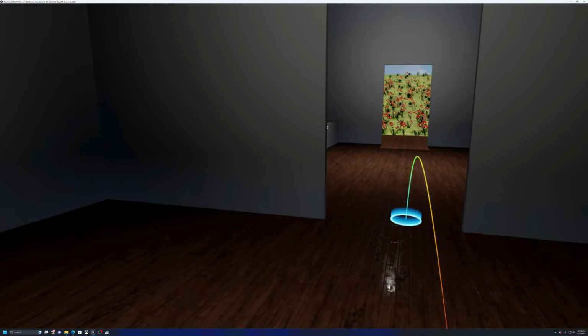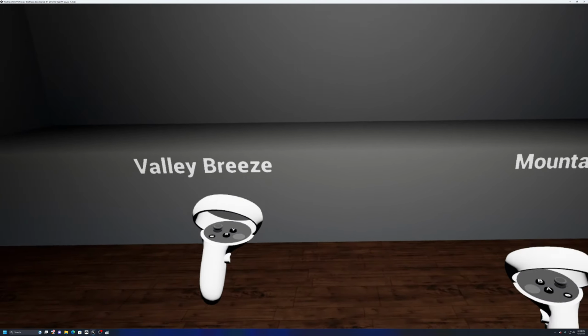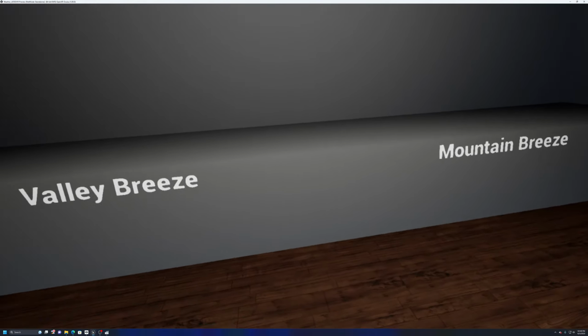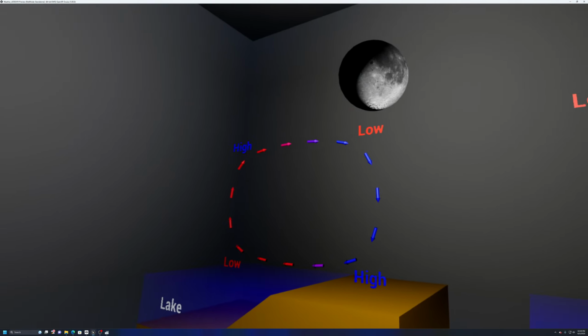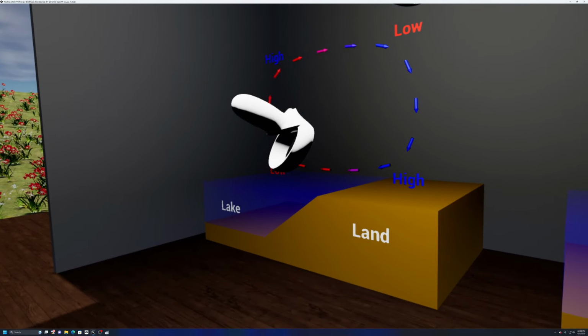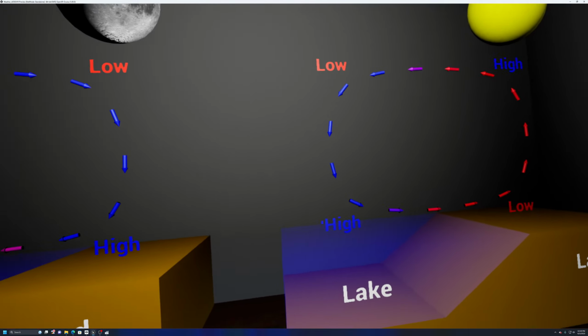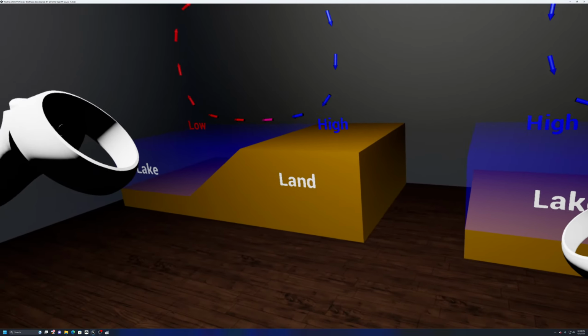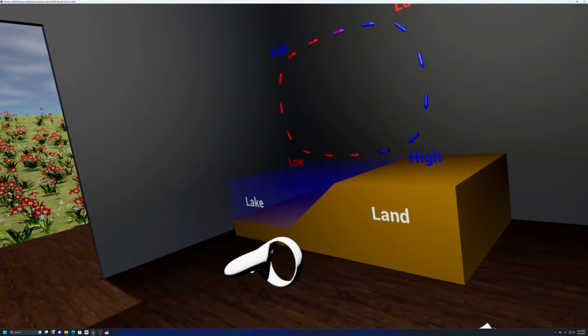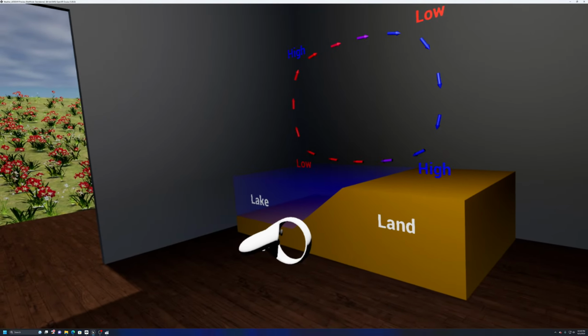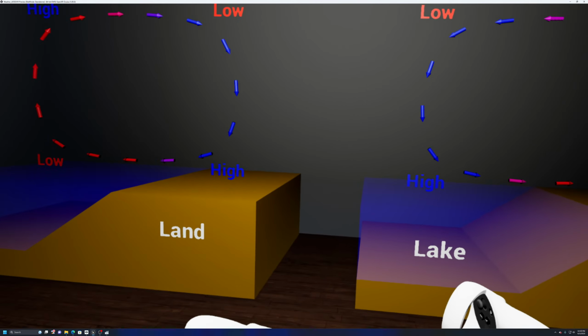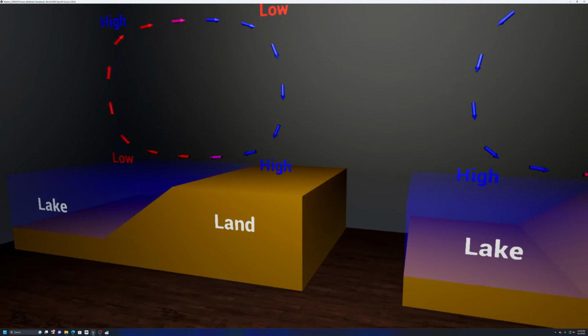I'll start on the other side. I still need to make these two, Mountain Breeze and Valley Breeze. I do have that in another video, but right here, same example, but we're talking about the mesoscale, so smaller scale now in this section. So we're talking about lake breeze and land breeze rather than sea breeze and land breeze.